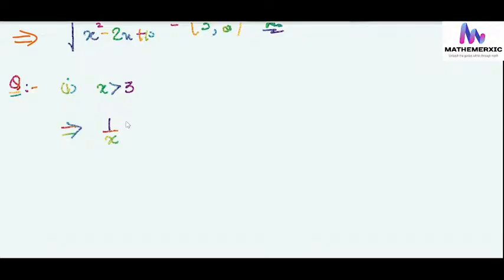I don't think the sign will be changed here. It will be the same. X is greater than 3 and obviously you can say less than infinity.